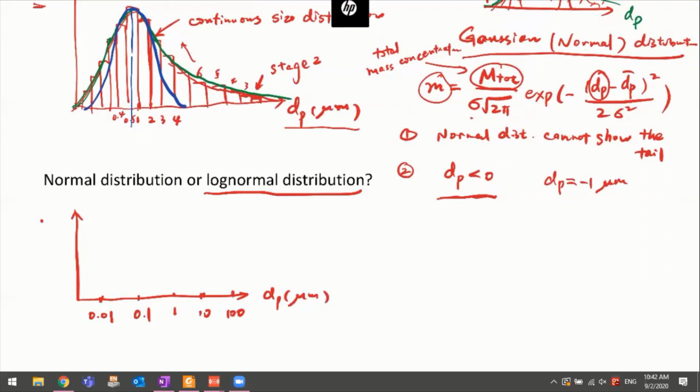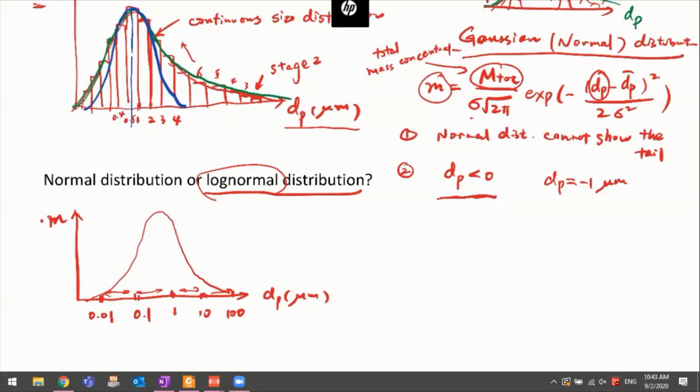By log normal, I mean the spacing between one order of magnitude is going to be the same. So in this way, we can show the tail more efficiently, because we know that there's a long tail, meaning particles can have a very large size at the end, right? By showing that in the log normal scale, we're shrinking the x-axis. So they're going to look more symmetric in this way.